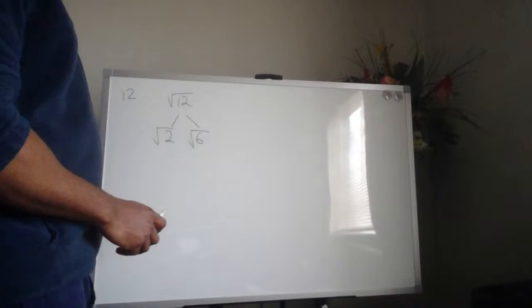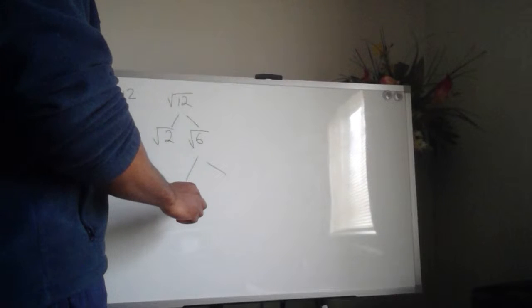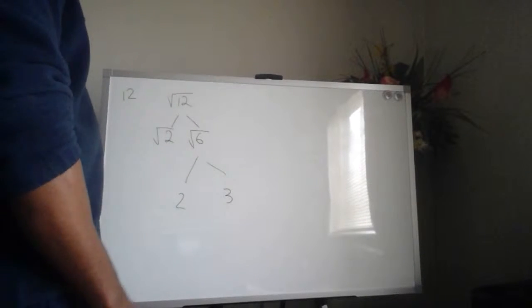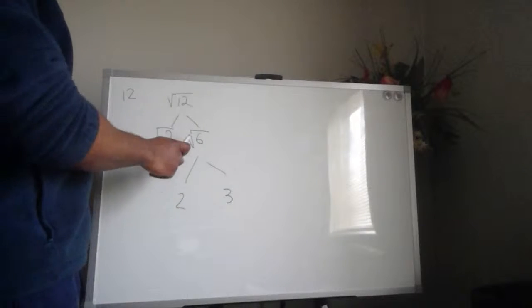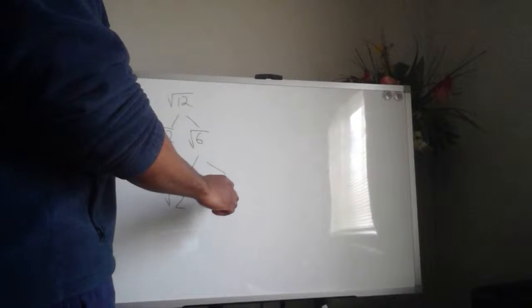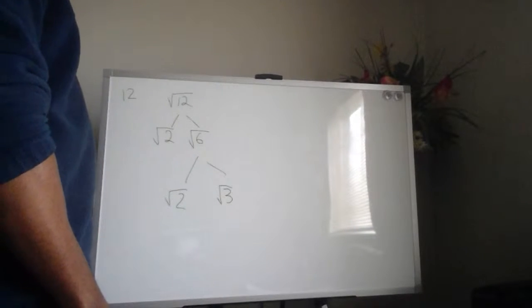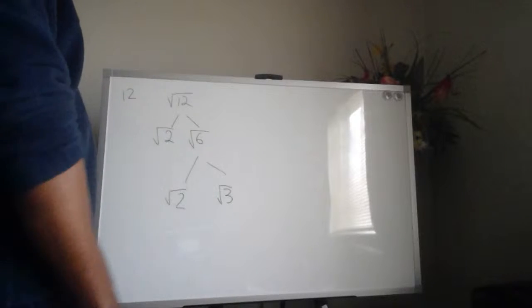Again, 6 is even, so we can divide 6 by 2. So if we divide 6 by 2, we get 3. 2 times 3 gives us 6. Now, because this is a square root of 6 again, it's actually square root 2 times square root 3 that gives you square root 6. And now it looks like we have all prime numbers. 2 is prime and 3 is prime.